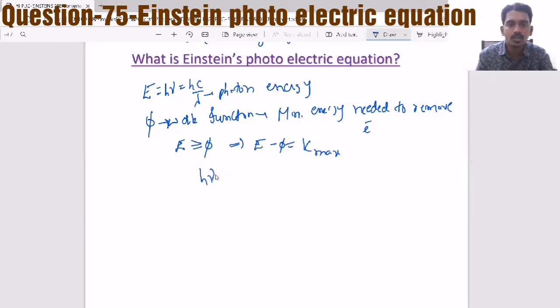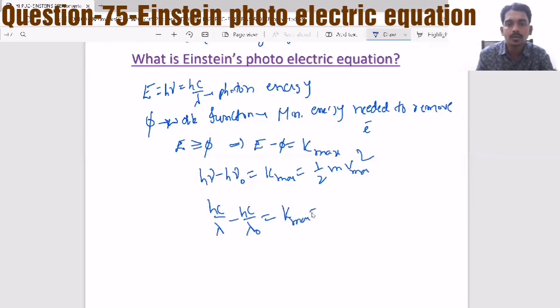So h nu minus h nu naught equals K maximum, which equals half m V maximum whole square, or hc by lambda minus hc by lambda naught equals K maximum equals half m V maximum square.